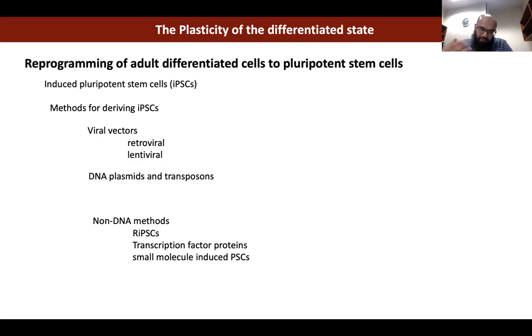The difference between retroviral and lentiviral is that you can use lentiviral vectors in cells that are dividing, so that are replication proficient. Retroviral vectors do not work in cycling cells, but you can use them in non-dividing cells, for example, in muscle cells, etc.